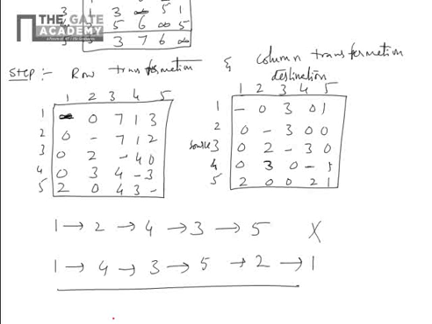Then go through row transformation and column transformation. Then cancel all zeros with the minimum number of straight lines. If the number of lines is less than the number of rows or columns of the assignment matrix, you have to improve the solution. Otherwise, that is the best solution, and whatever allocations you get are the best allocations. That is about the assignment problem.